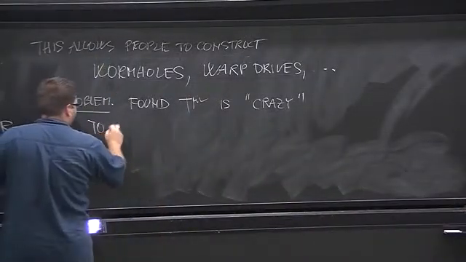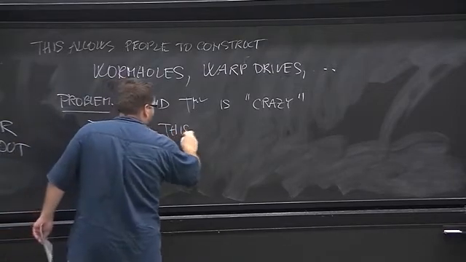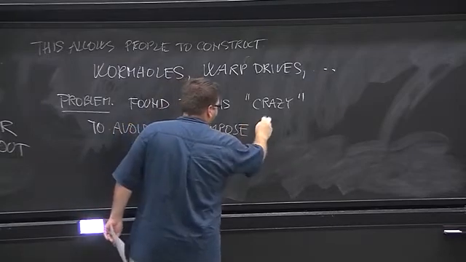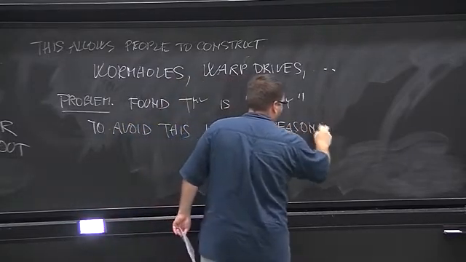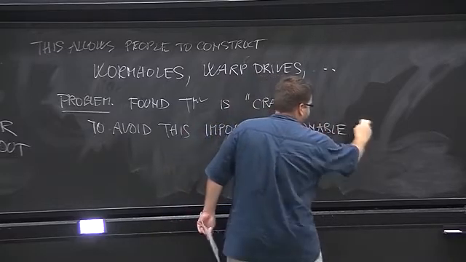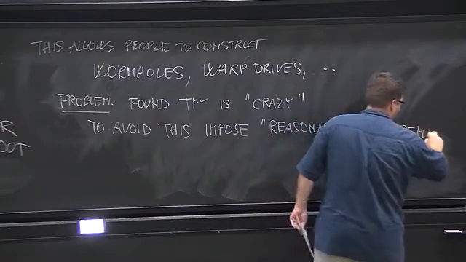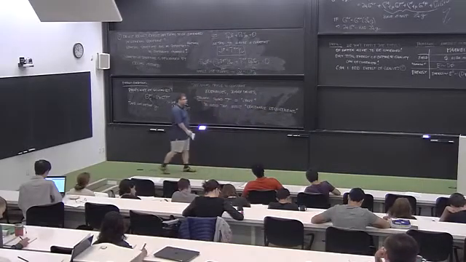So now to avoid this, people impose some reasonable requirements as to what T mu nu has to satisfy.